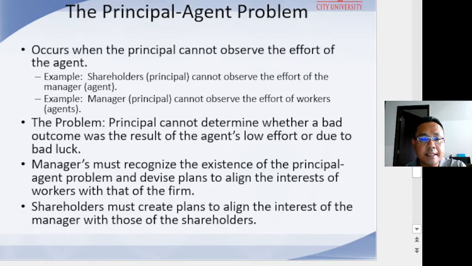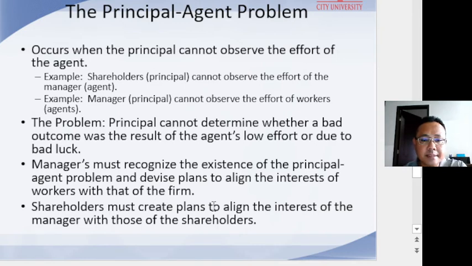Or maybe a manager can be a principal who cannot observe the effort of a worker as an agent. And the principal cannot determine whether a bad outcome was a result of the agent's low effort or due to bad luck. That's the main problem between principal and agent.